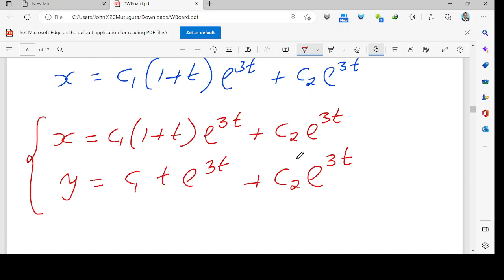So basically, this is the method. When you are given a system with two differential equations, you write the differential equations in operator form, and eliminate one of the functions, x or y. You don't have to worry about which one to eliminate. You just eliminate one.